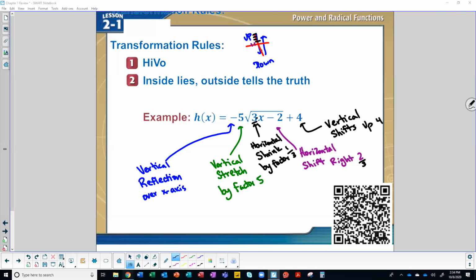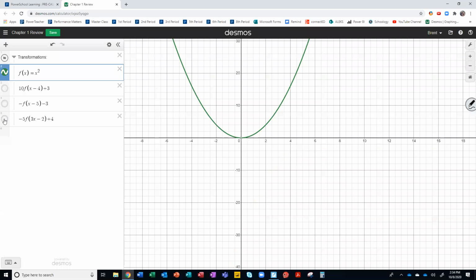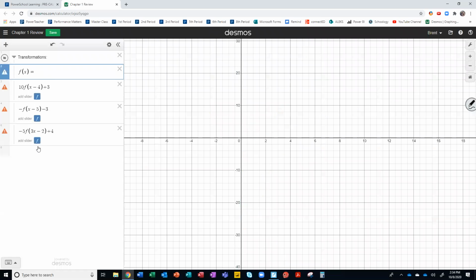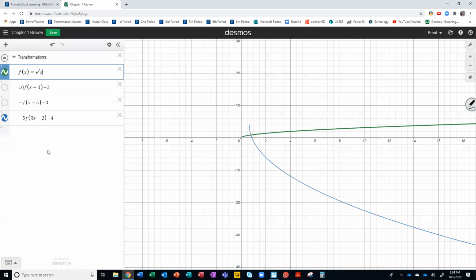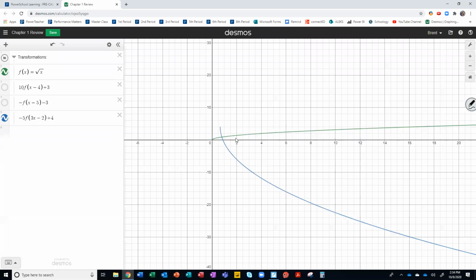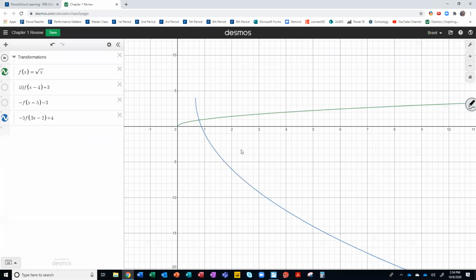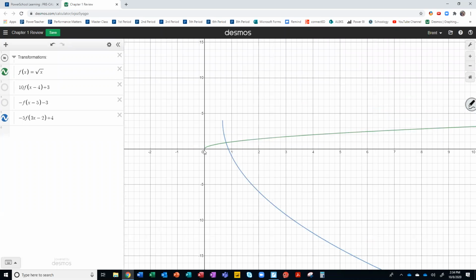Just watch this video again if you need more help on this one. But on this graph, I think it was a square root. Let me go back over. Square root of x this time. All right, I'm telling you it's going to get shifted right 2/3. So notice here is 1, here is 0. This graph originally starts at 0, 0.